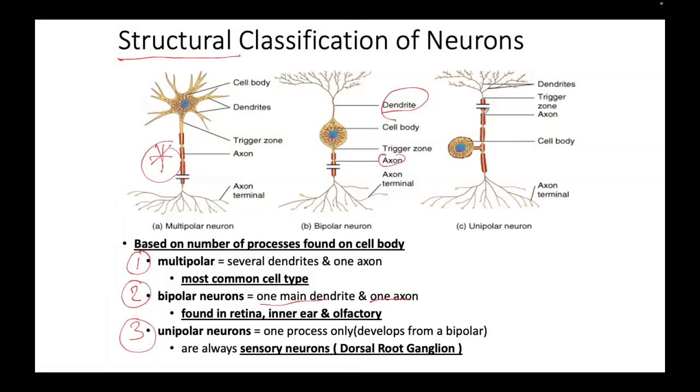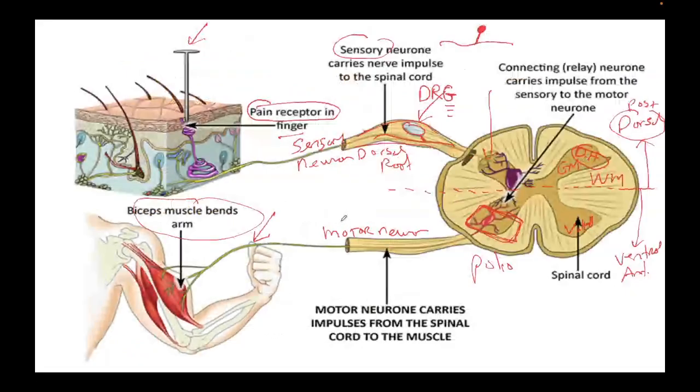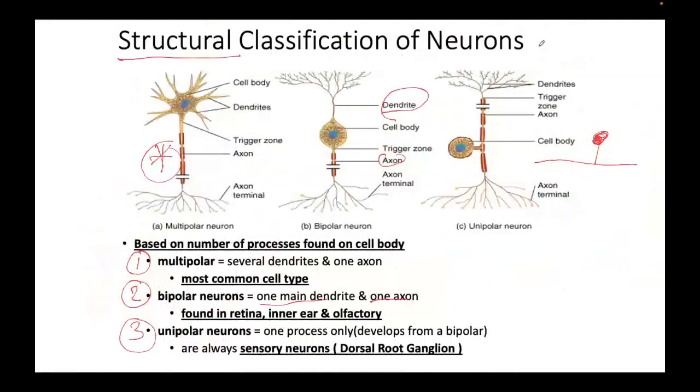Now, if I take this and we look at this with our head tilted, or we turn this horizontally, what does that look like? That looks like this, the DRG, the dorsal root ganglia. So the classical unipolar, they're always sensory neurons, and the classical example of a unipolar is the dorsal root ganglia, the DRG.